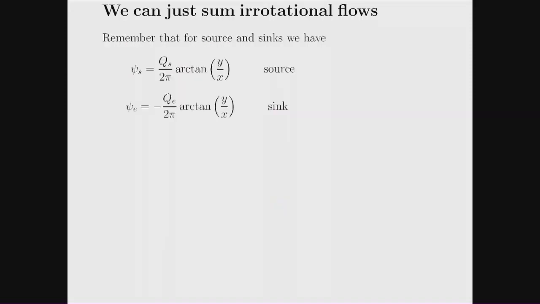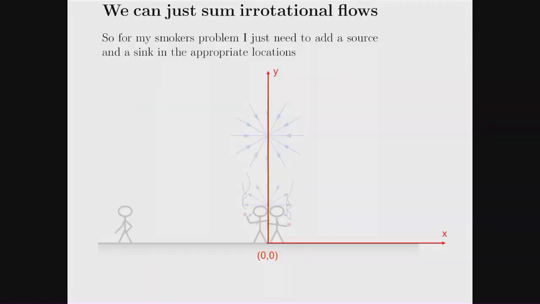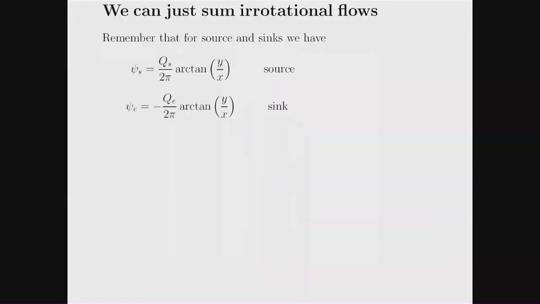So currently, this equation here is located at the origin, okay? But that's not correct, right? We need to have some offset so that we have our source at some location above the ground, right? And a sink some height above our origin as well, okay? So this is a source and a sink at our origin, but we need to have some offset to model our smoker's problem, right? And I will leave it here for today, okay?